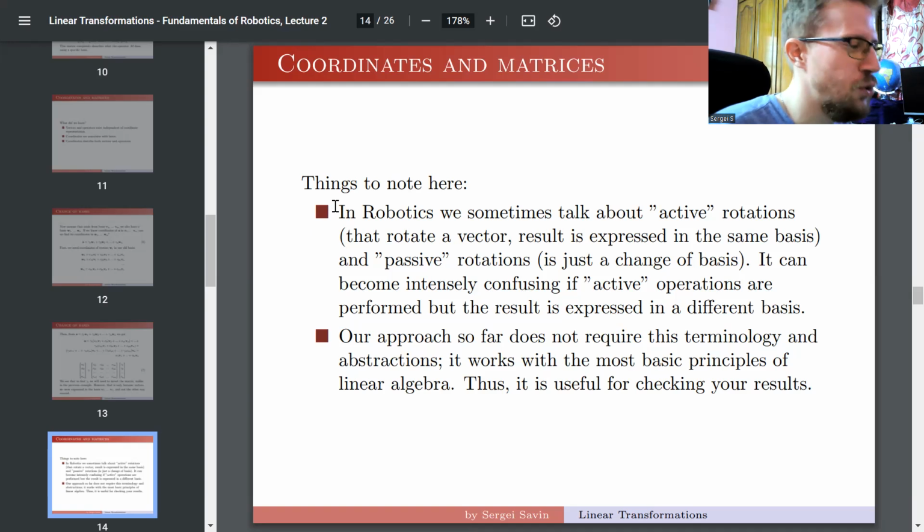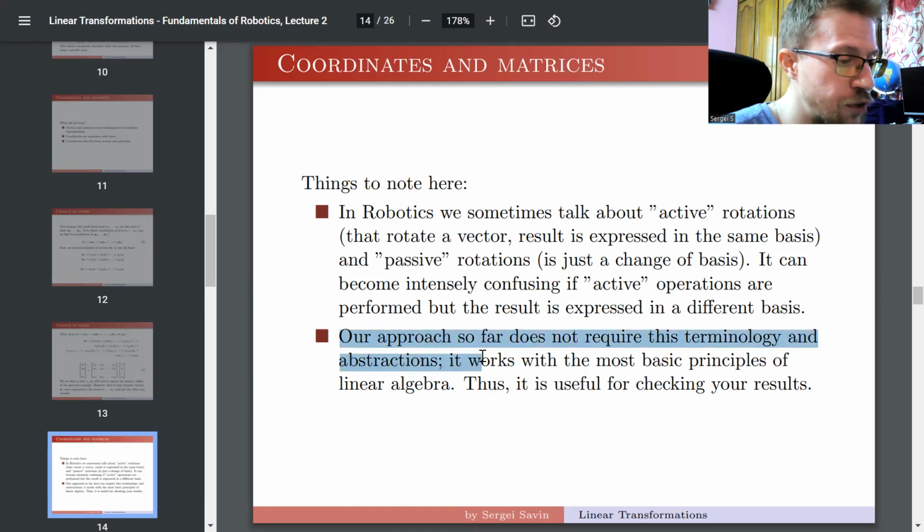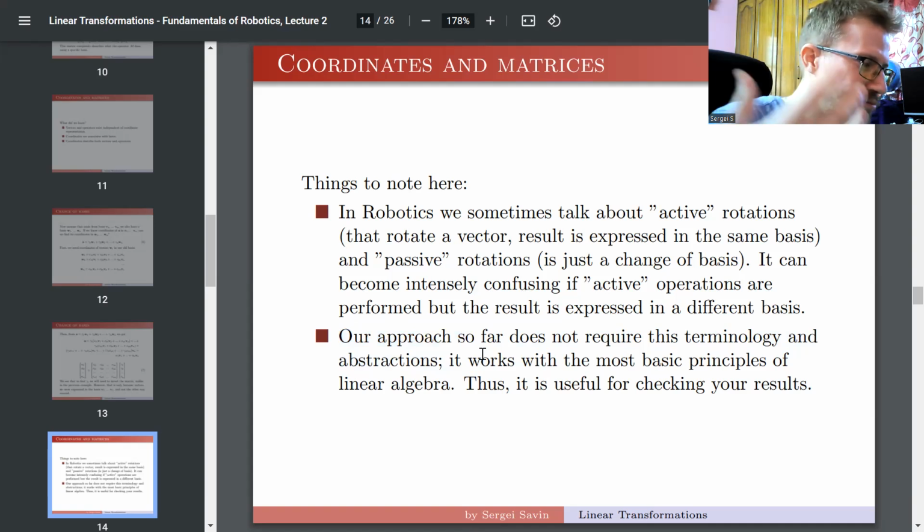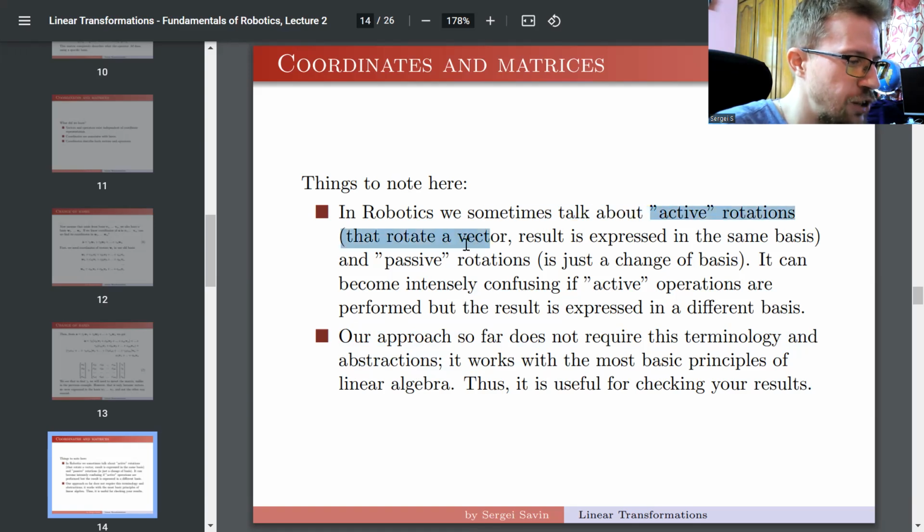In algebra, as far as I know, people don't talk about active and passive rotations, and they do fine. They manage. Our approach will not require this. If you're going to use this active-passive combination in the future, you can try to verify it using this type of thinking. All right, good.